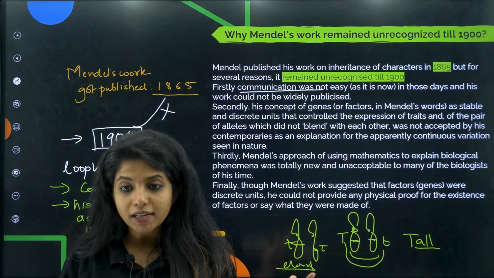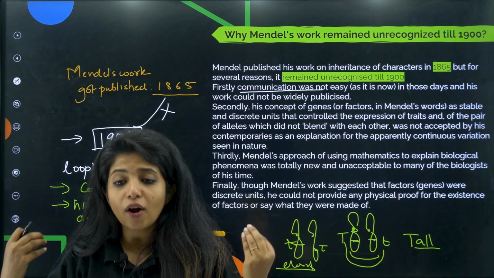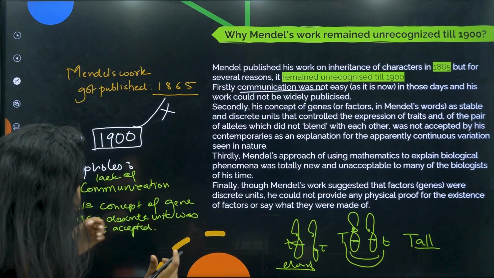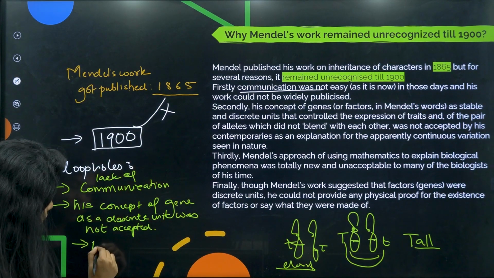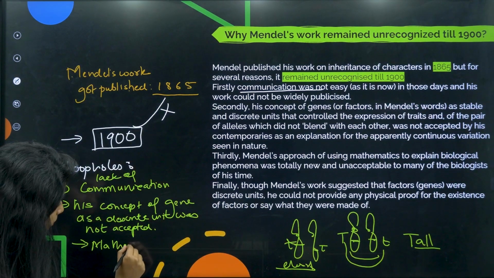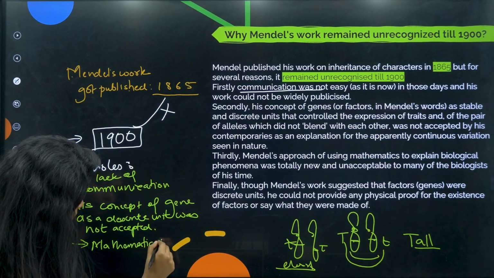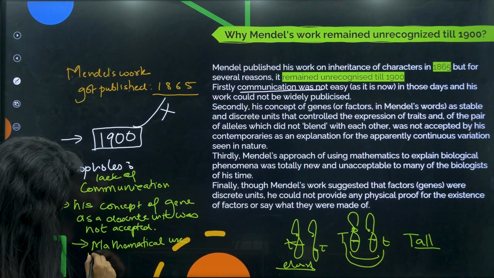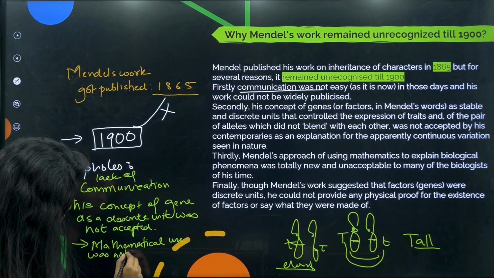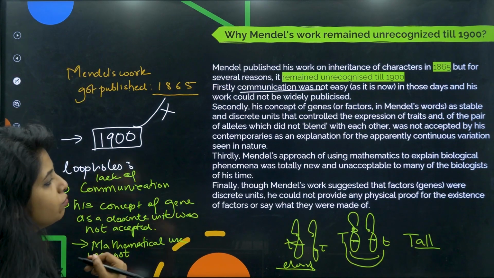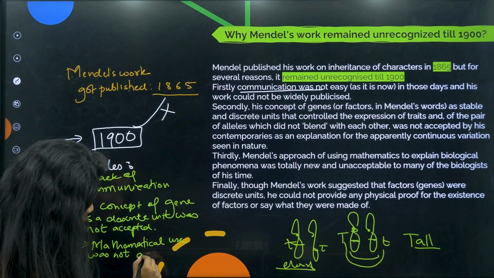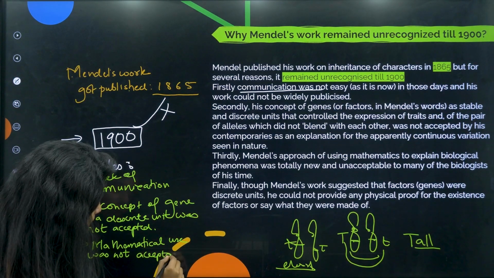They might not be able to understand this use because it was not very common at that time. So the mathematical use was not acceptable.